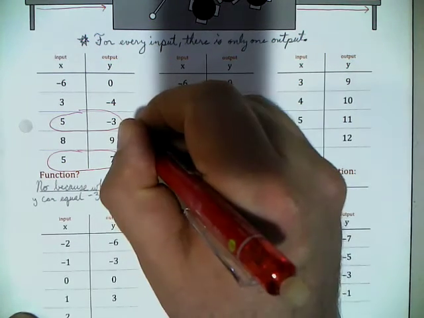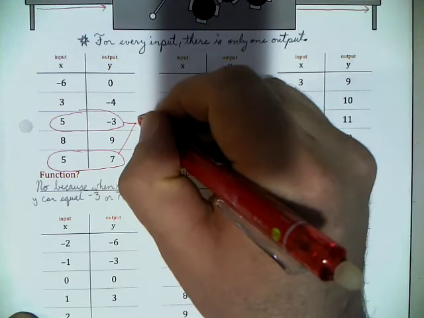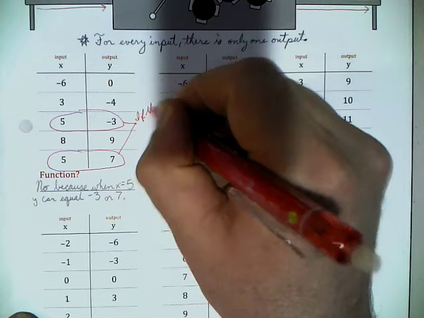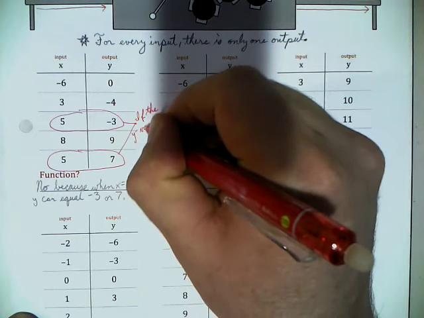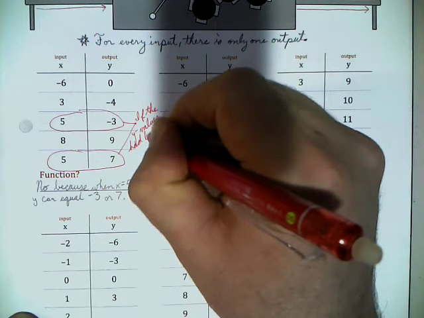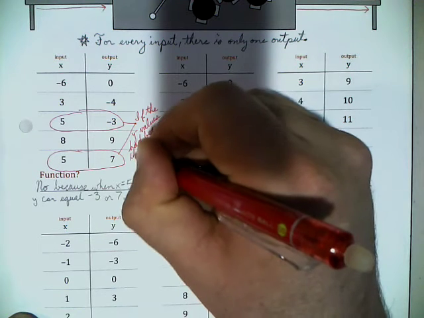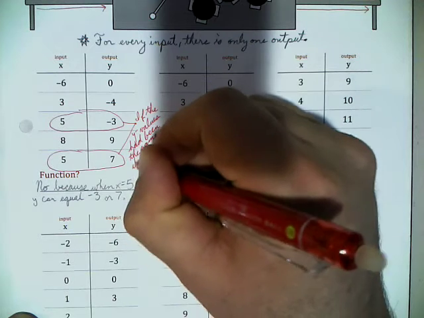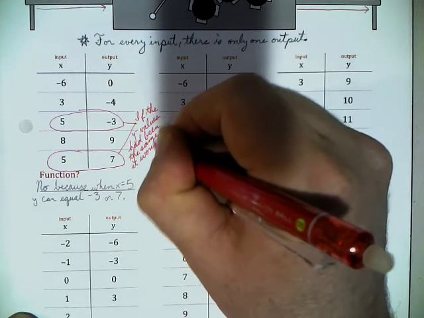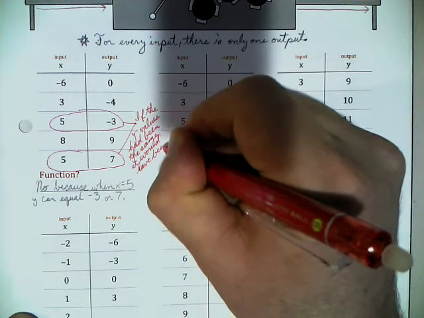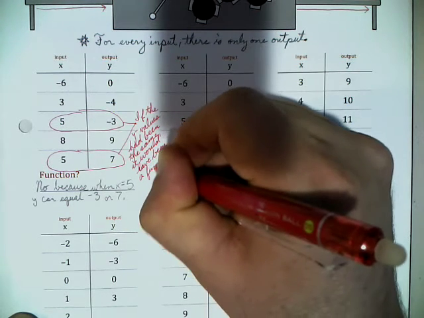So this actually, if the y values had been the same, it would have been a function.